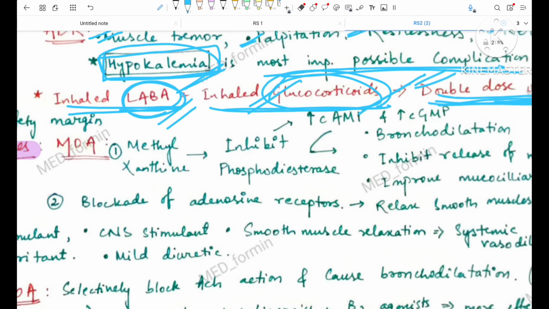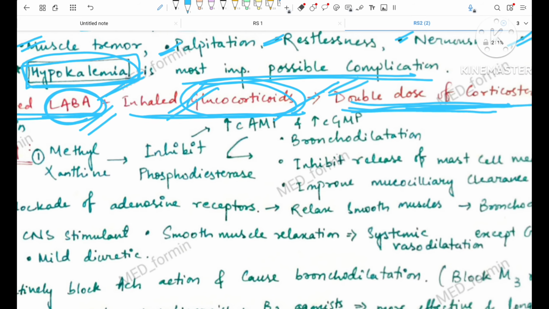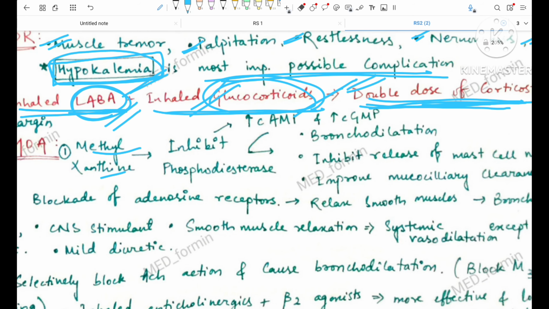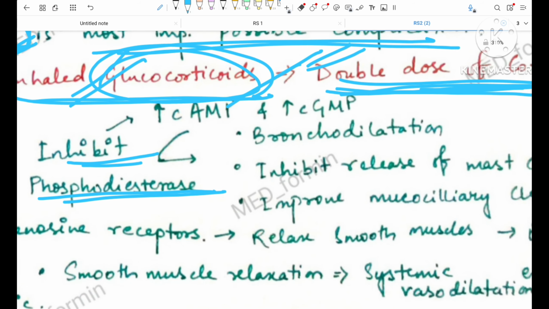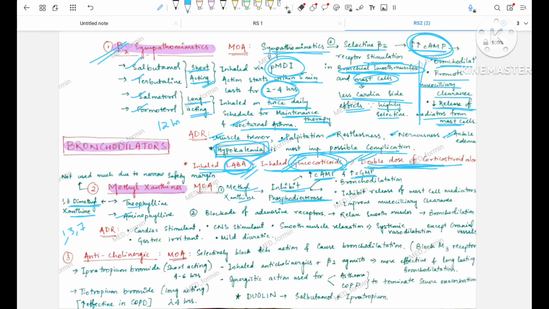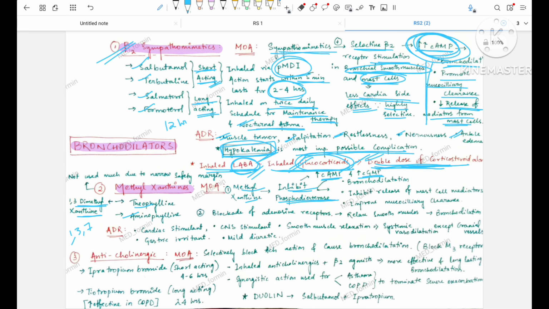So let's see the mechanism of action. Methylxanthines inhibit the enzyme phosphodiesterase, which helps in the hydrolysis of the phosphodiester bond in cyclic AMP and cyclic GMP. So it causes an increase in the levels of cyclic AMP and cyclic GMP, which is a similar mechanism of action as we saw in beta 2 sympathomimetics.